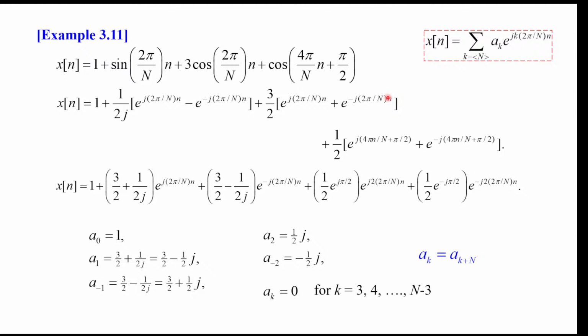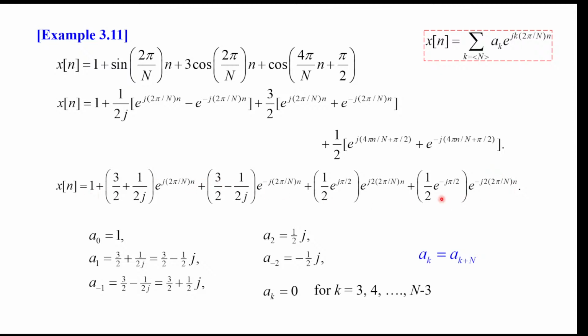We've done a similar thing in the continuous-time case. So x of n equals a linear combination of sine and cosine, and a sine and cosine with a phase. But here it is familiar algebra, so let's not give most details. Sine can be written as the difference of complex exponentials, and cosine is the summation of complex exponentials. The pi over 2 phase term gives a factor on your coefficient, so you get e to j pi over 2 here, and e to minus j pi over 2 here.